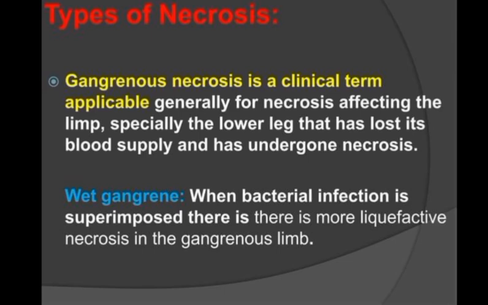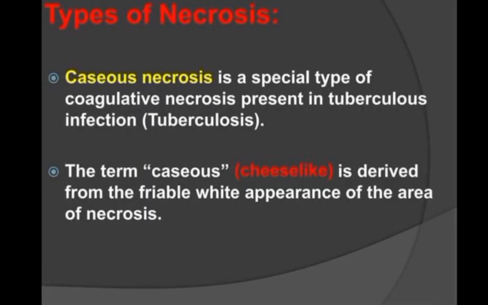Next is gangrenous necrosis. It is clinical. In this, there is necrosis of the limb, especially the lower limb, which loses its blood supply and undergoes necrosis. There are two types. One is wet gangrene: when a bacterial infection is superimposed, there is more liquefaction, which leads to necrosis in the limbs.